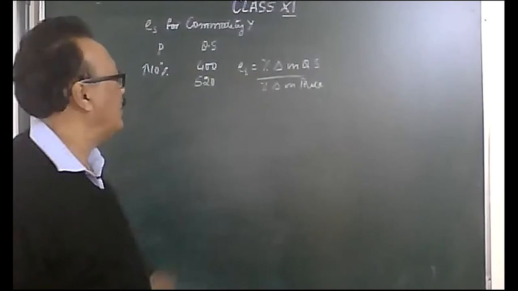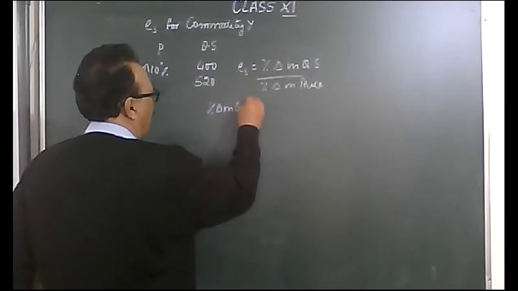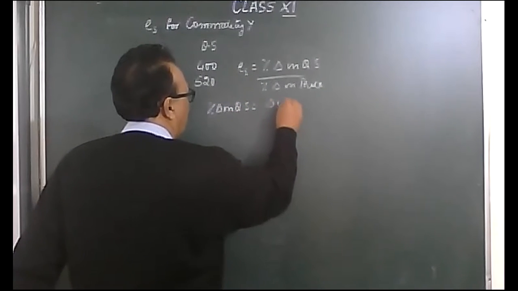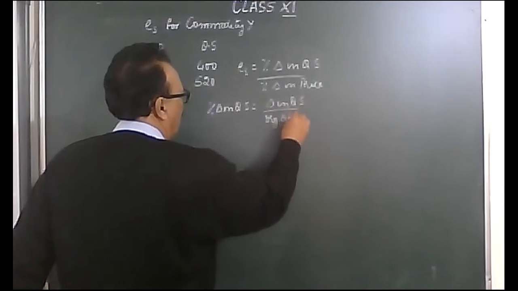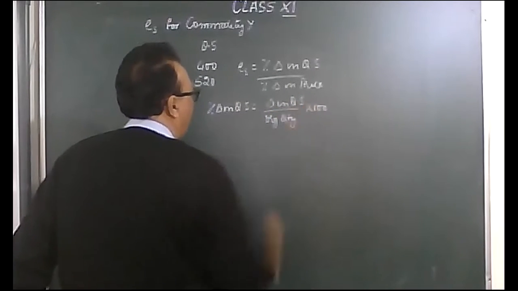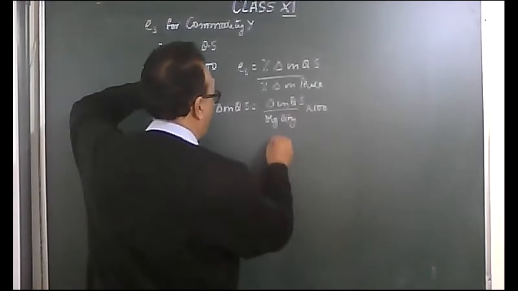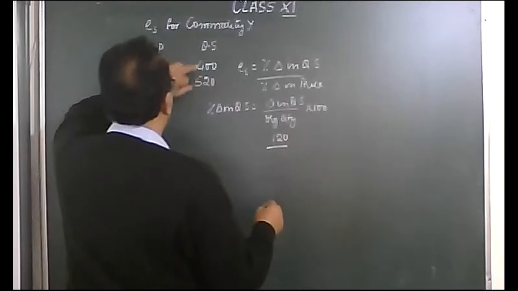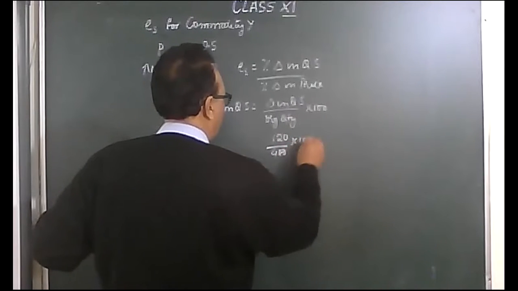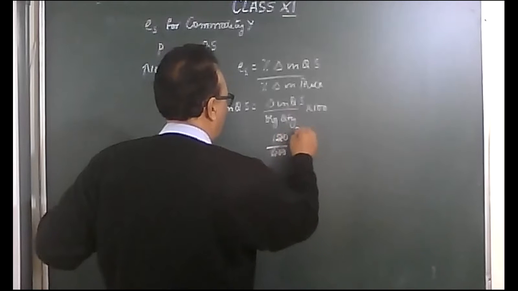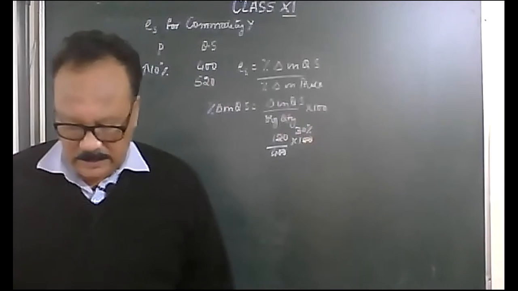We need to find the percentage change in quantity supplied, which is change in quantity supplied upon original quantity into 100. Change in quantity is 520 minus 400, this is 120. Original quantity was 400, into 100, that is 30%.